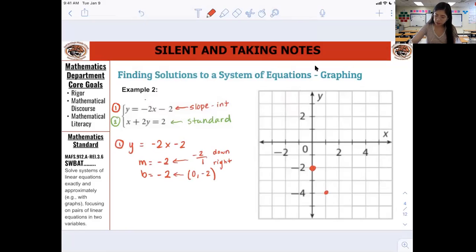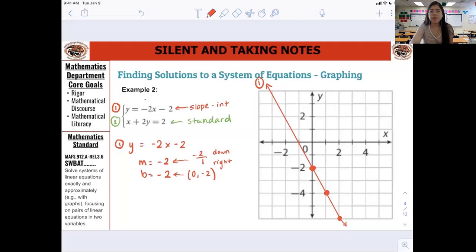Down 2 over 1. And again, I could do it again just to get a neater line. So there's line number 1. Is that a positive line or a negative line? Negative, good.